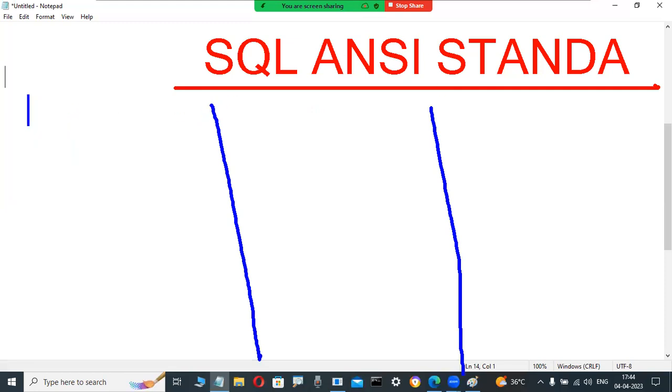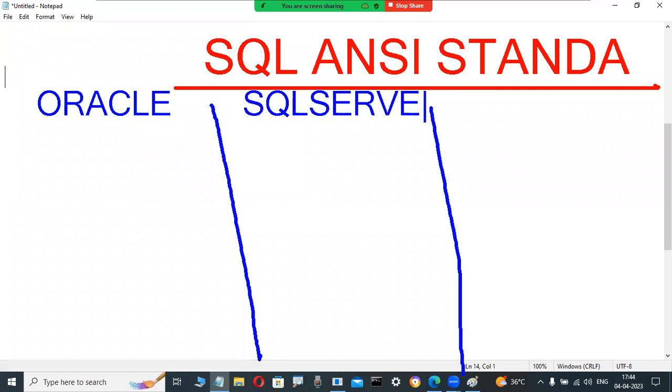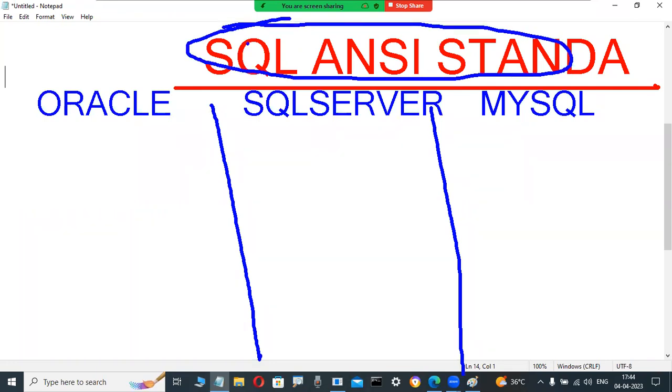SQL is an ANSI standard language which works with all relational databases. But unfortunately, from this ANSI standard SQL, Oracle Corporation created their own SQL language, called Oracle SQL.